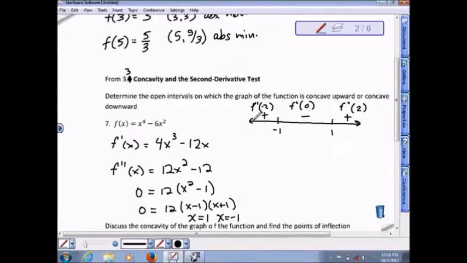Now, in the second derivative test, a positive interval doesn't mean that the graph is increasing. What that means is the graph is concave up, it's curving upwards like this.